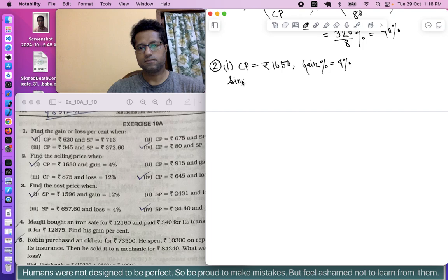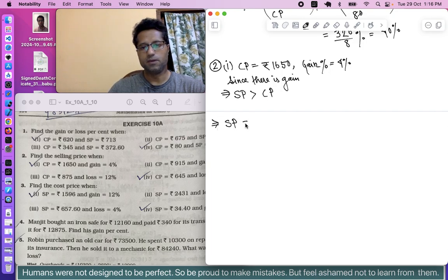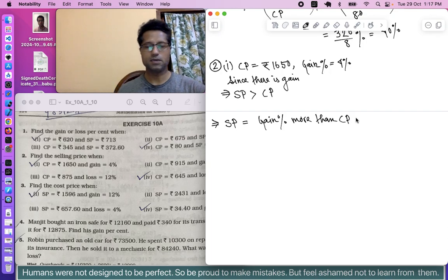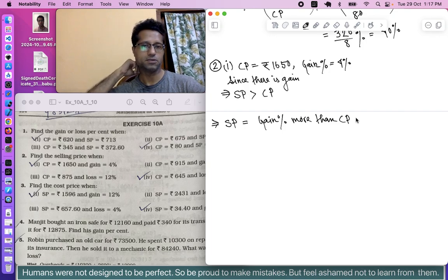Since there is gain, this implies selling price is greater than cost price. This implies selling price will be equal to gain percent more than cost price. Now this is a very important concept of percentages: what is X percent more than Y?